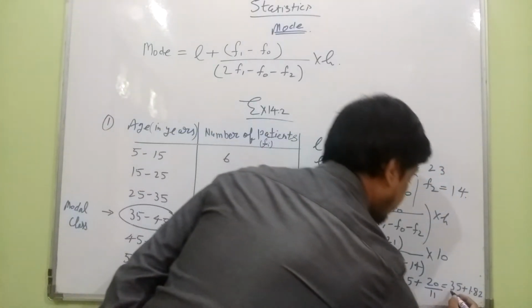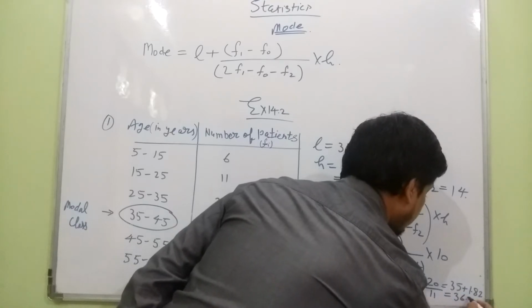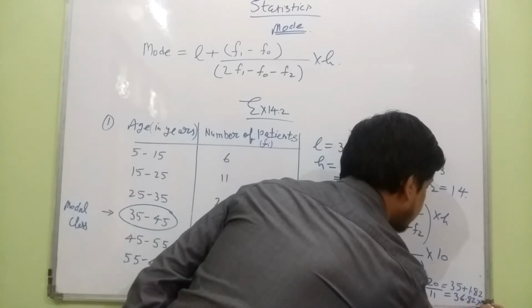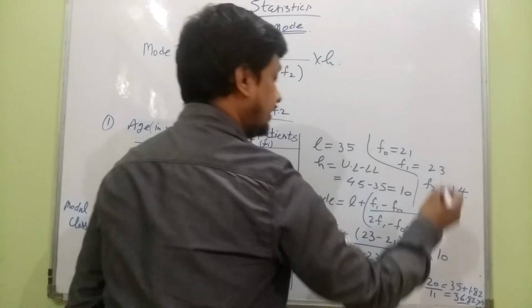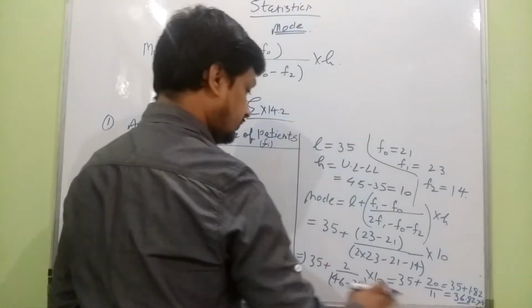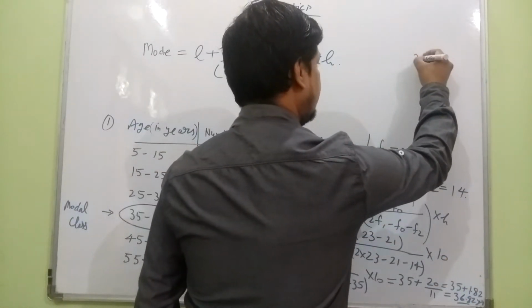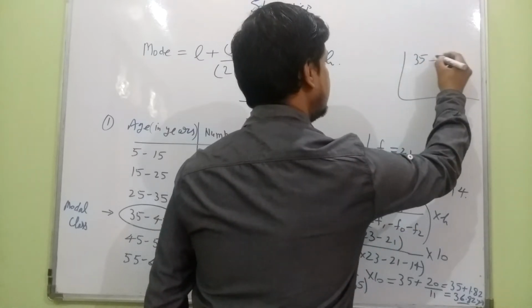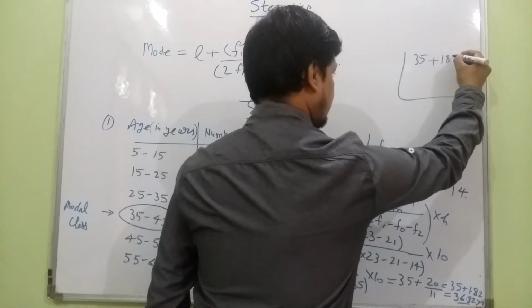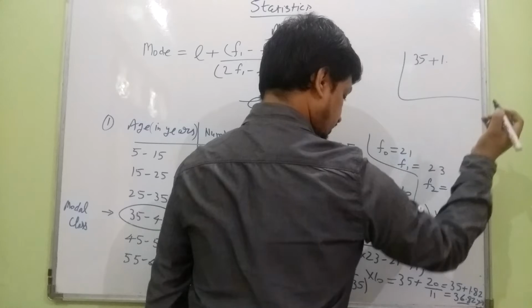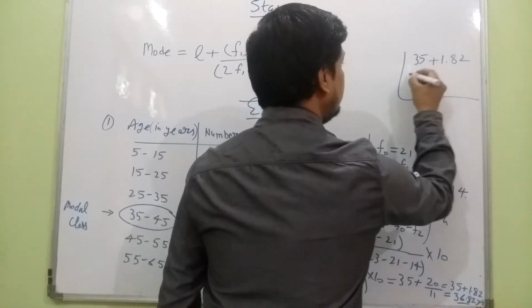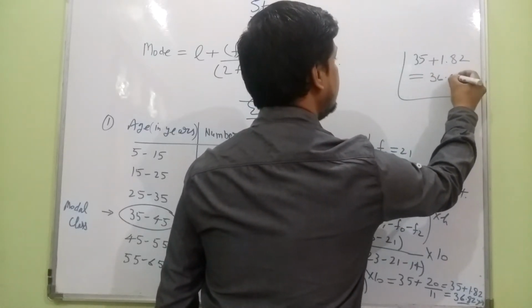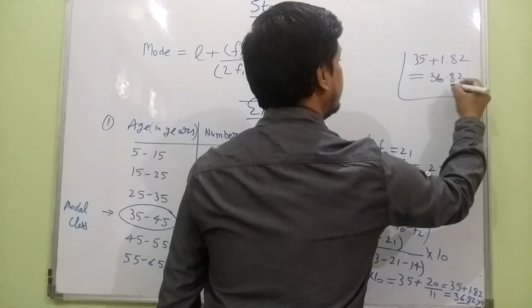Okay, so the final answer is 36.82 years. I am writing it here. So it will be 35 plus 1.82, that is 36.82 years.